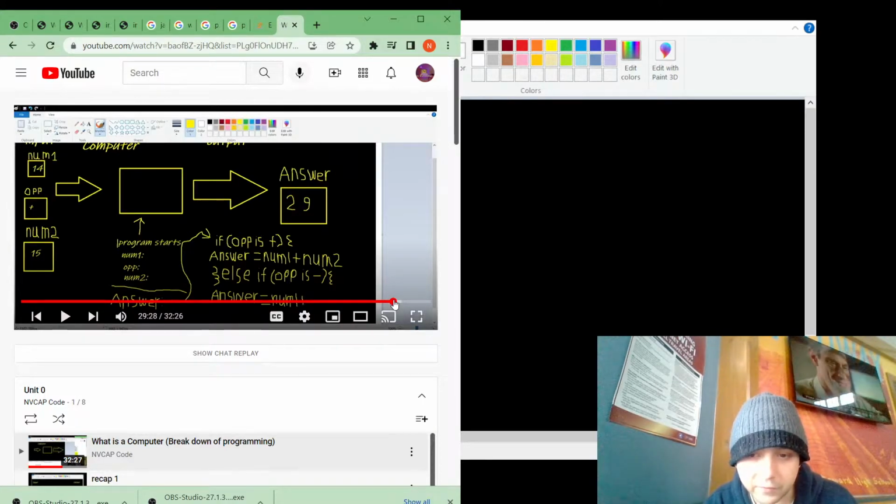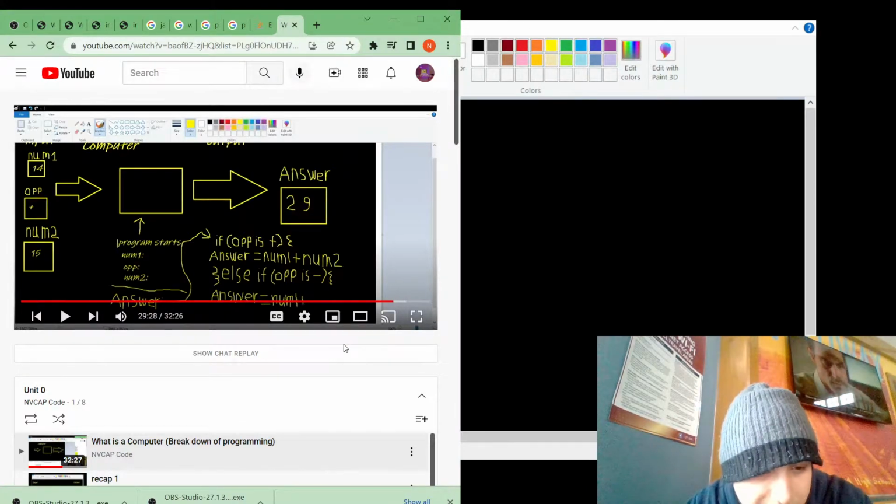Because if a variable's not initialized, when it first refers to it, it'll throw something called a null pointer exception, which means the computer is being asked to point to nothing when there's nothing there.